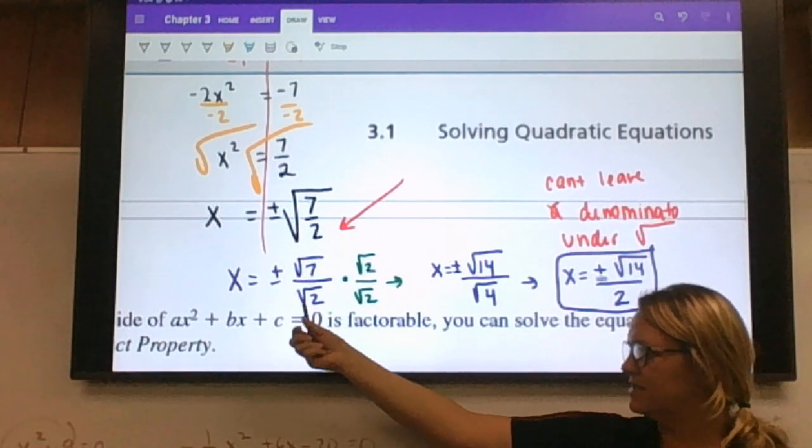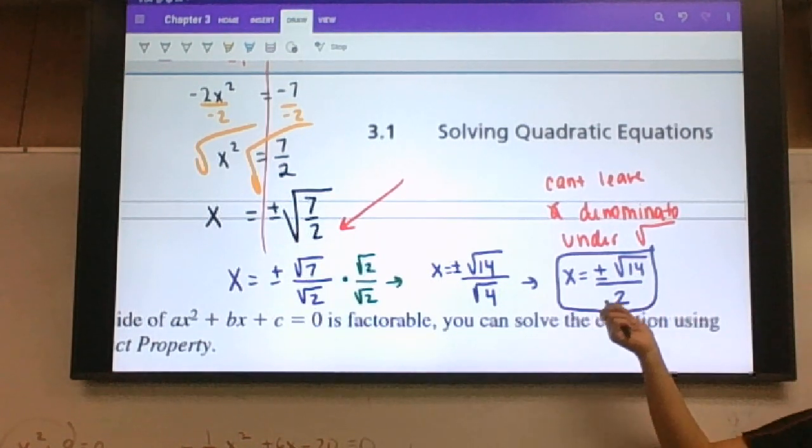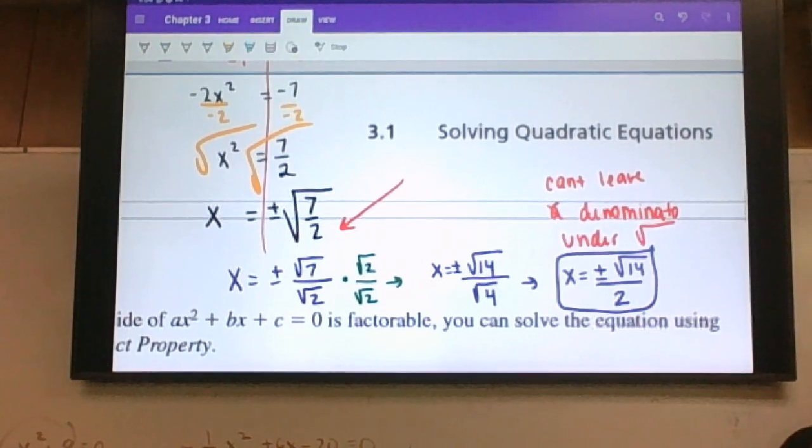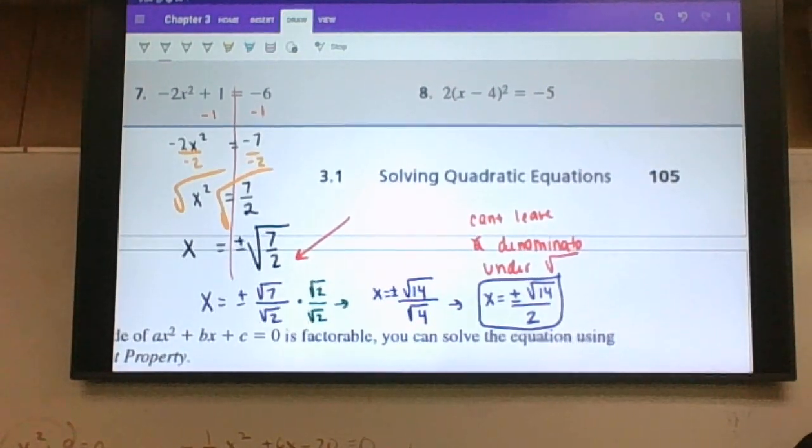But dividing by this decimal here, they said was irrational. And now they call this denominator rational. We're thinking clearly now. Who's got a question on that process? All right, start number 8.